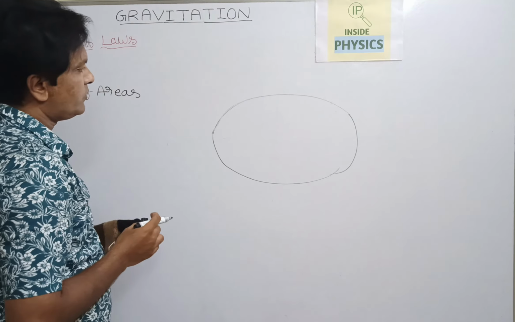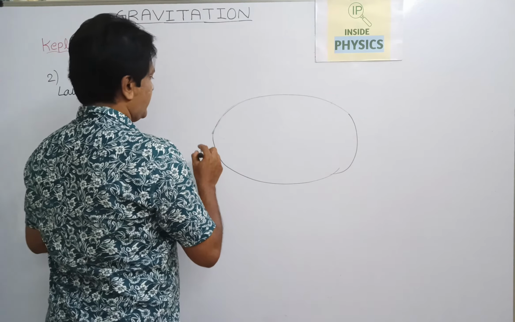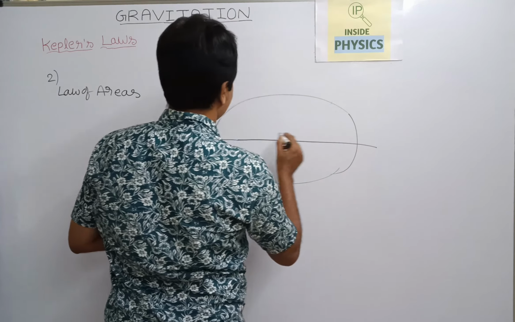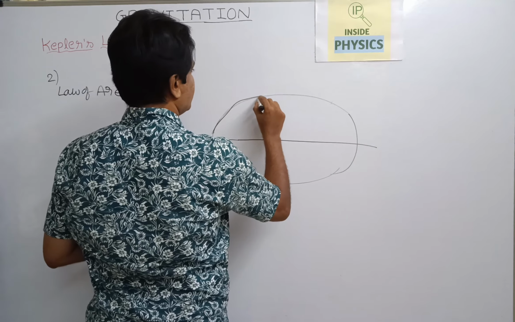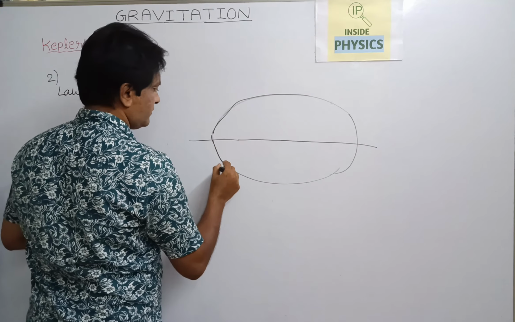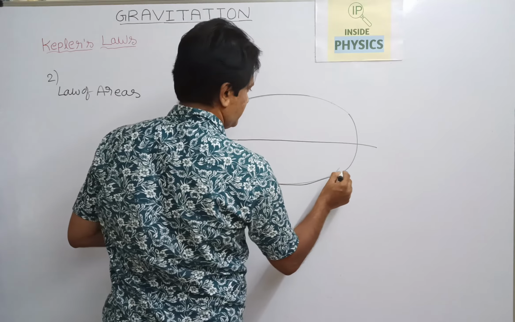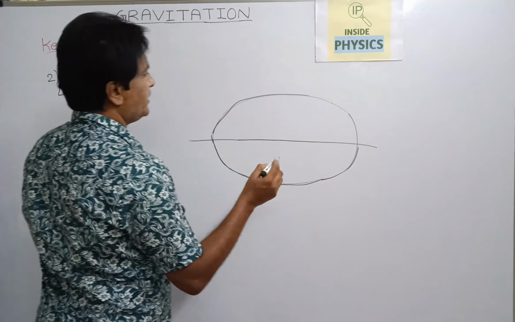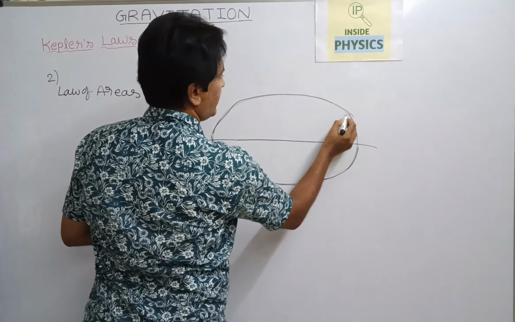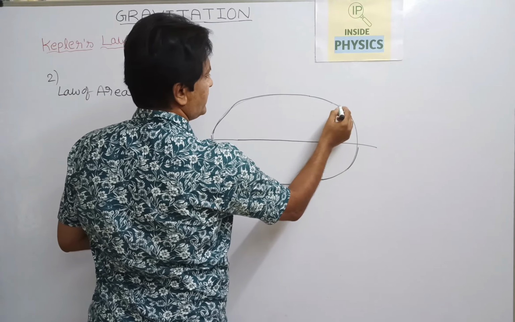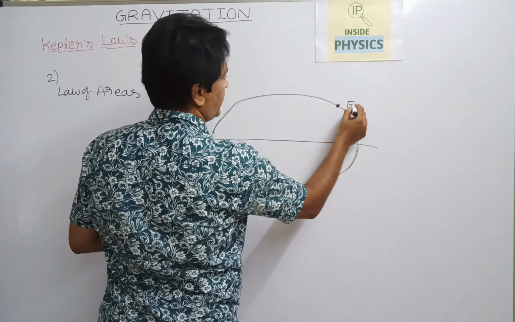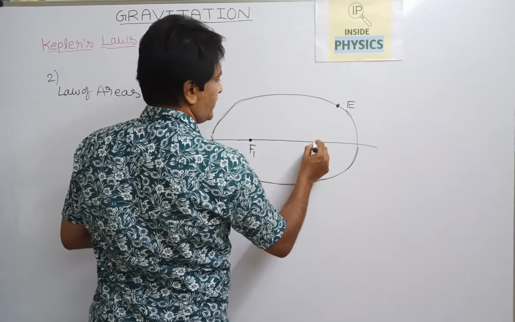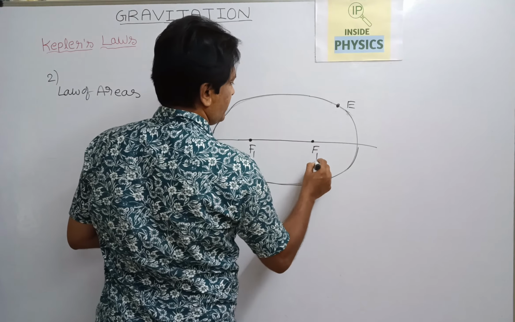Okay, so here, again we will need to draw the semi-major axis. This is the ellipse. Say the planet is here, say it is Earth, and we know the Sun is at one of the two foci.